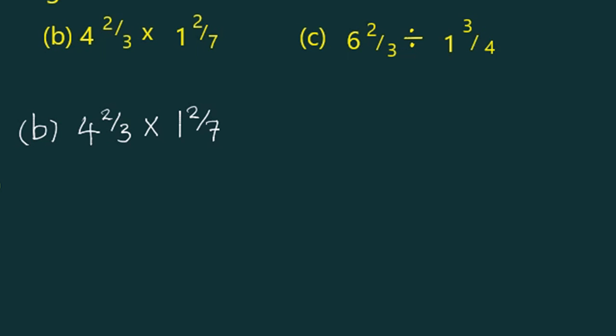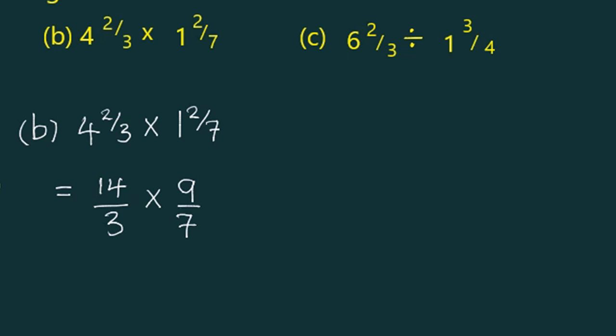The best thing to do here would be to first express them as improper fractions. 4 2/3 will become 14 over 3. I hope you can recall how we can express a mixed fraction as an improper fraction. We also have 1 2/7, which will come out as 9 over 7 as an improper fraction.